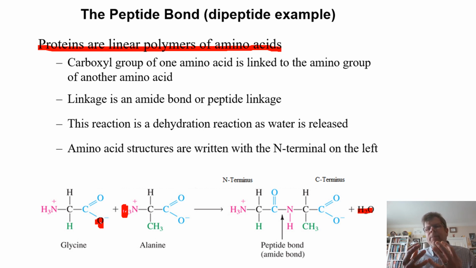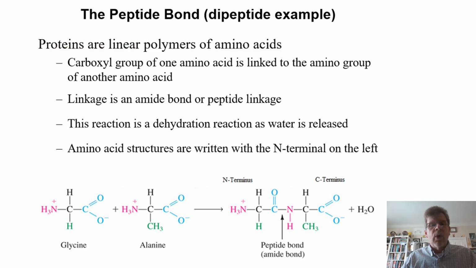A peptide is essentially a small protein, considered a protein of 10 amino acids or less. So what we see right here is a 2 amino acid protein. It would be considered a peptide. You could still call it a protein, but a peptide is essentially a protein that is 10 or less amino acids long. So we have these linkages, and we get a dehydration where we spit out water, and this amide bond, which is considered a peptide bond, results.